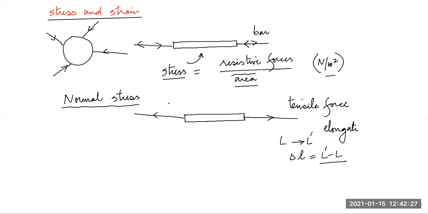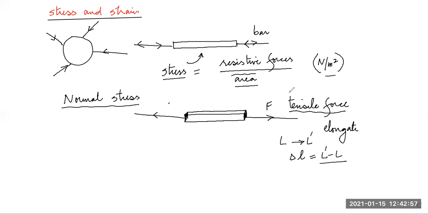So, under the effect of tensile force, which is being applied on this area of the body, the force applied F divided by this area, the area on which the force is being applied, is the normal stress.